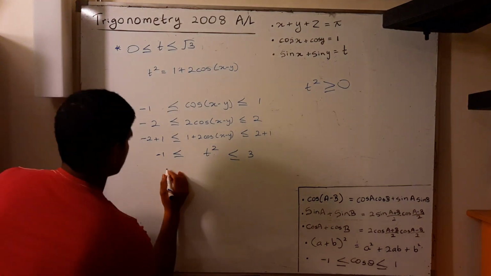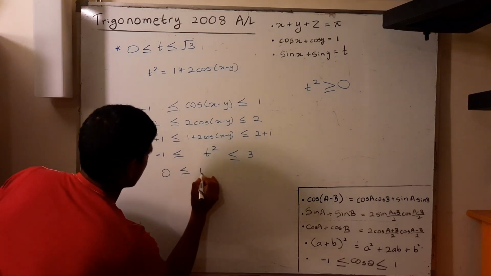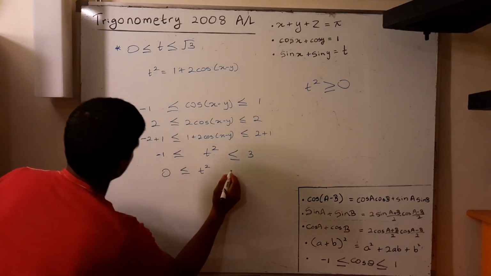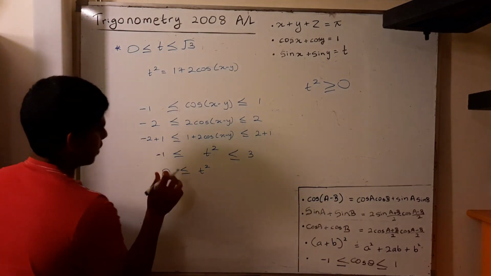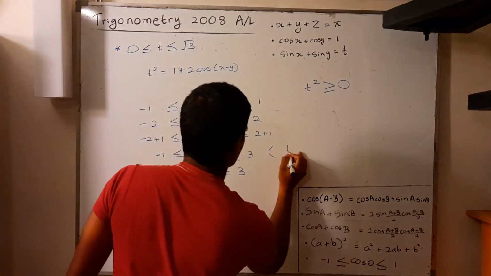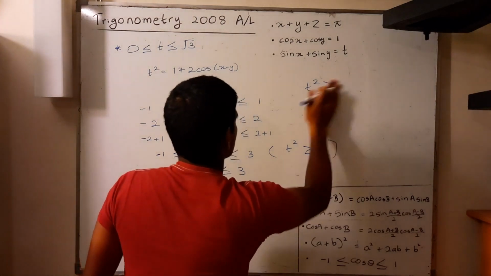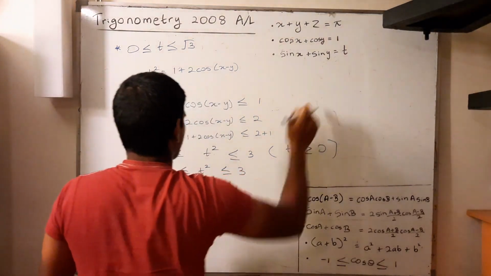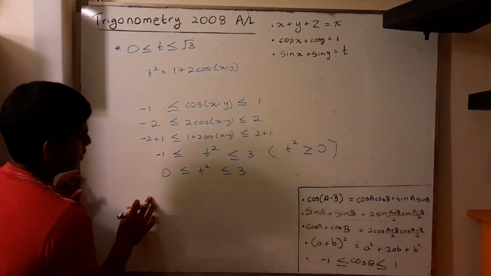So we can straight away write it as 0, and over here we can write in brackets that t squared is greater than or equal to 0, and that's the reason we substituted this minus 1 with 0.